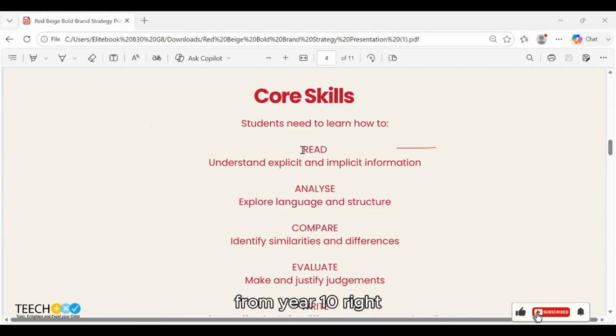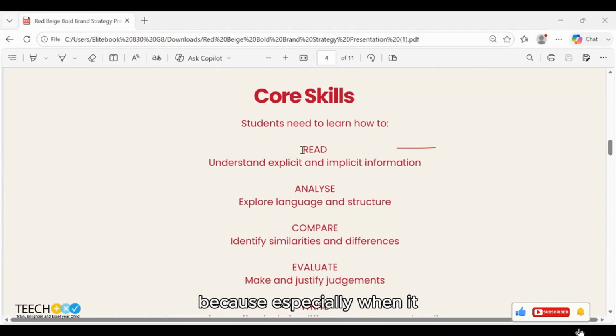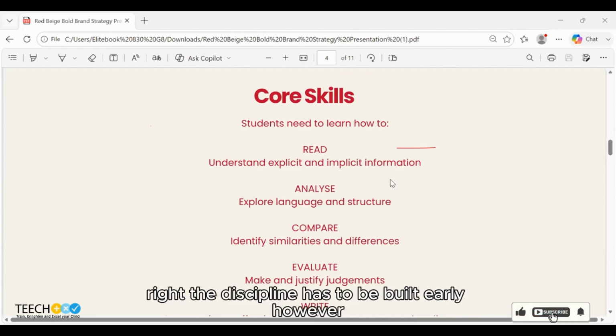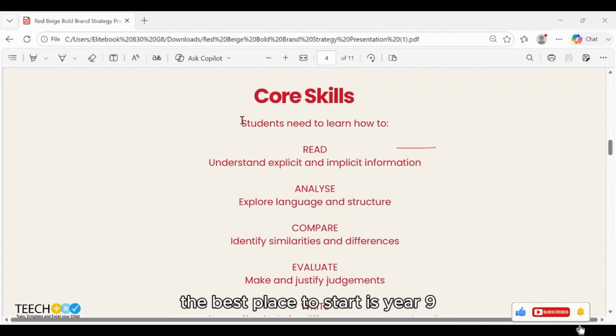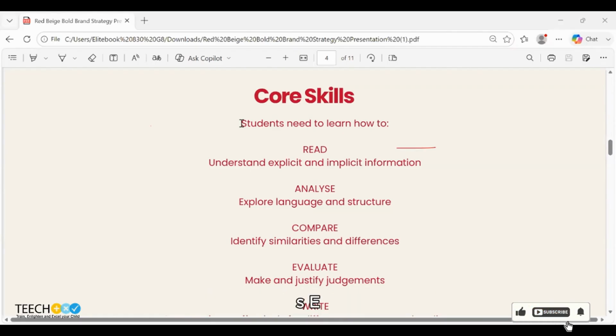From year 10, although I feel that it should start from like year 7, because especially when it comes to writing, the discipline has to be built early. However, the best place to start for GCSE is year 9, year 10. Year 10 builds the basic foundation for GCSE.